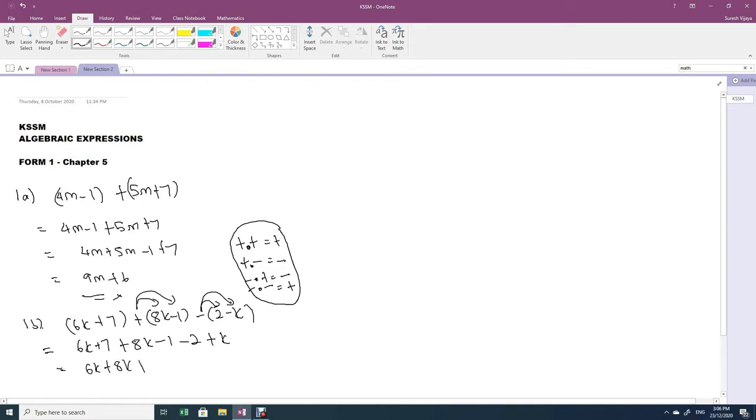So this will be 6k plus 8k plus k, then plus 7 minus 1 minus 2. After we order the variable terms on the left hand side, it will be 14 plus 1 will be 15k.